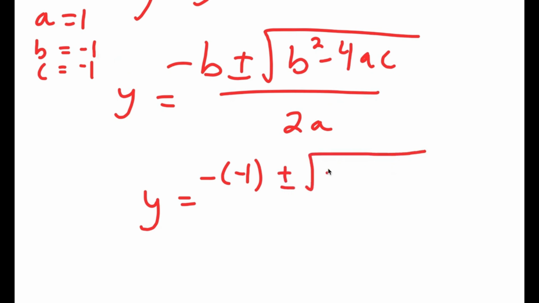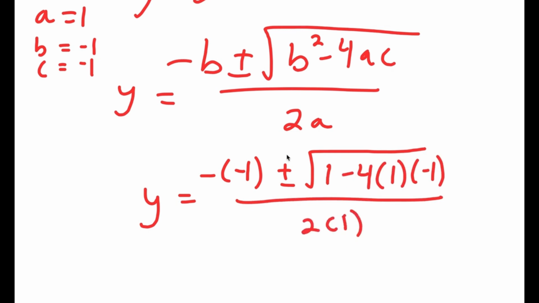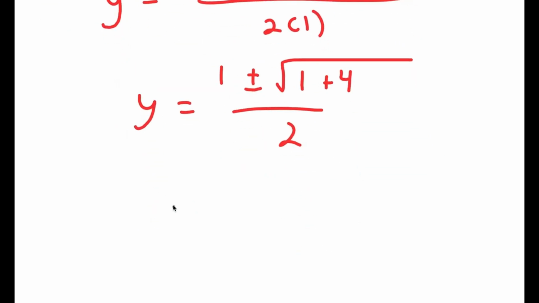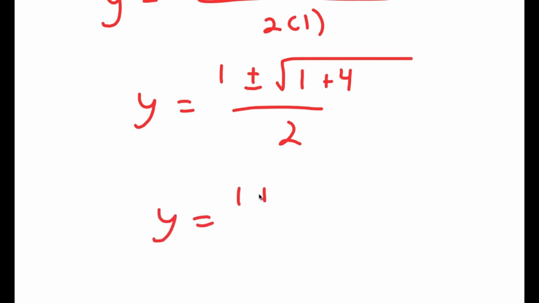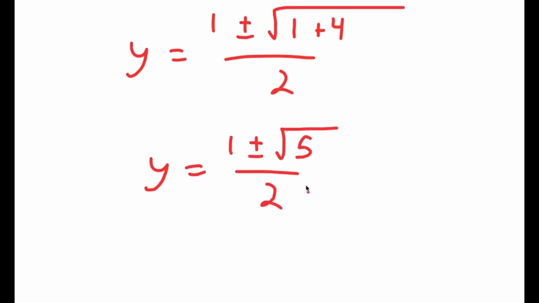So negative 1 squared, which is 1, minus 4 times a, which is 1, times c, which is negative 1, all over 2a, so 2 times 1. Now this is equal to positive 1 plus or minus the square root of 1 plus 4 over 2, which is equal to 1 plus or minus the square root of 5 over 2. So y is equal to 1 plus or minus the square root of 5 over 2.